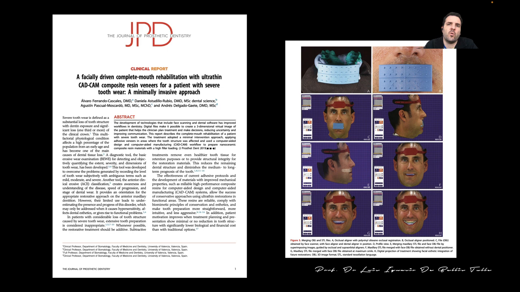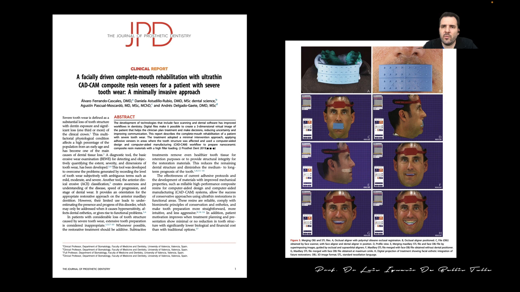So what did researchers do in these kind of cases, with this kind of devices? They started making devices like the one that you are looking at here on the screen, so that they could correlate the intraoral scannings, the position of the maxillary, and the facial scans.